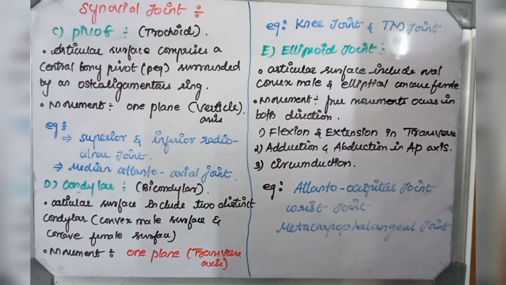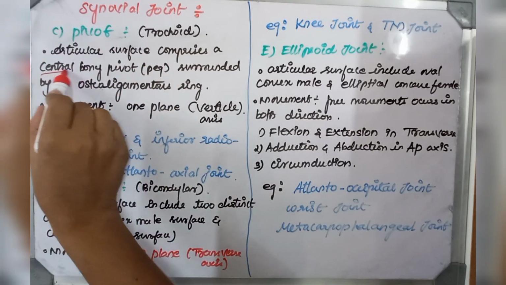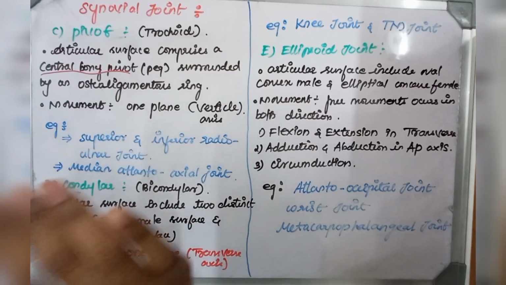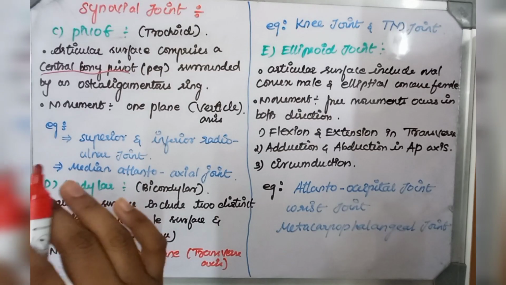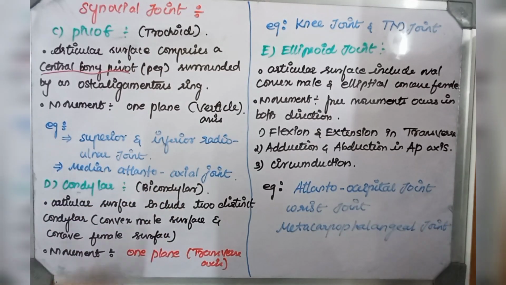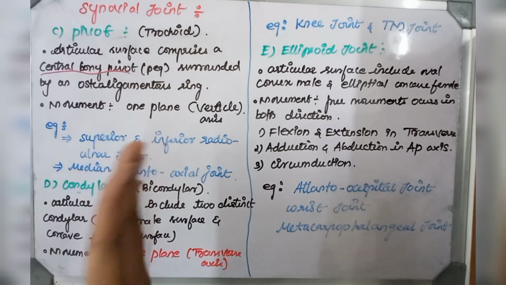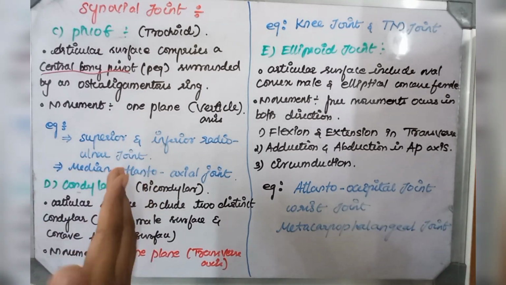The third type is the pivot joint or trochoid joint. In its articular surfaces, it comprises a central bony pivot, a peg-like structure, surrounded by an osteoligamentous ring. So the ring and the central bony pivot are present in pivot joints.